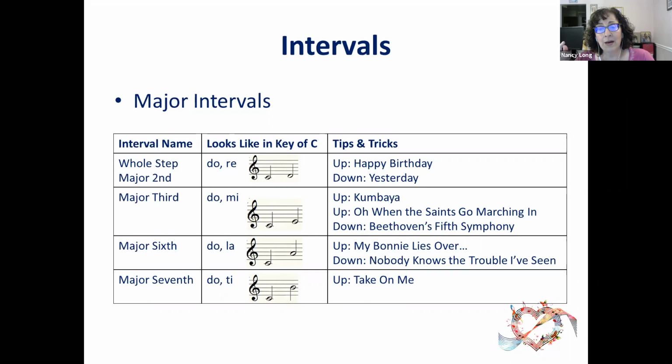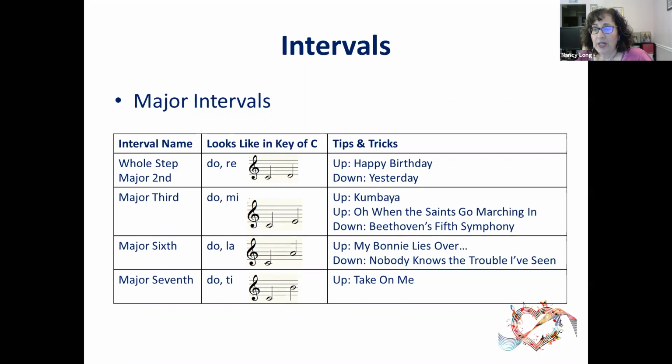My Bonnie, or NBC. Do they still use that? And bum, bum, bum. That was the NBC jingle for many, many years. That's a 6th. And coming down, oh, I didn't talk about the major 3rd down, Beethoven's 5th Symphony. Da, da, da, da. That's a major 3rd.